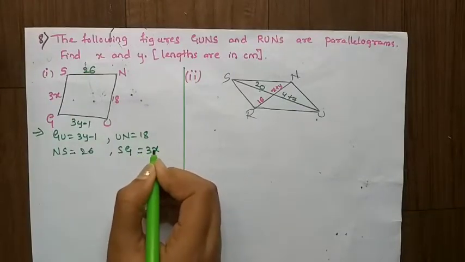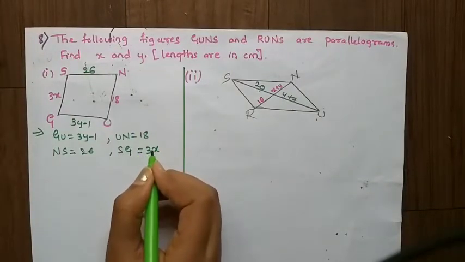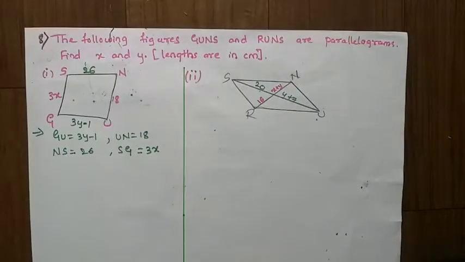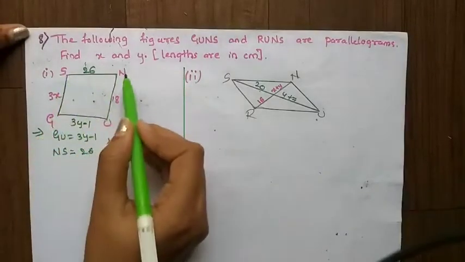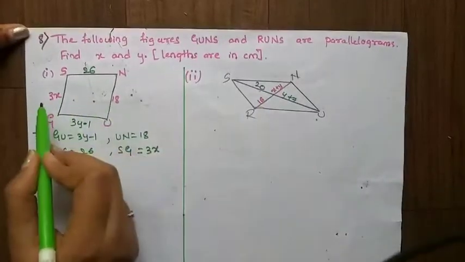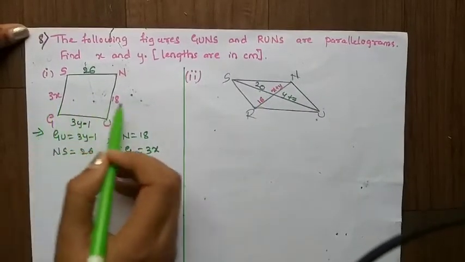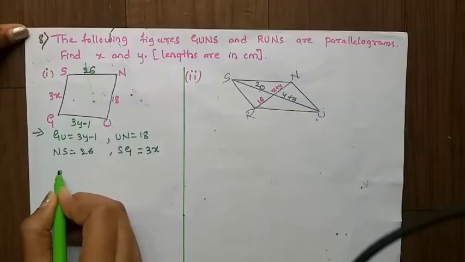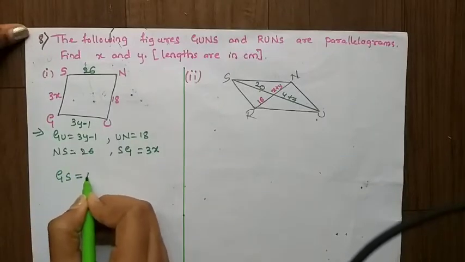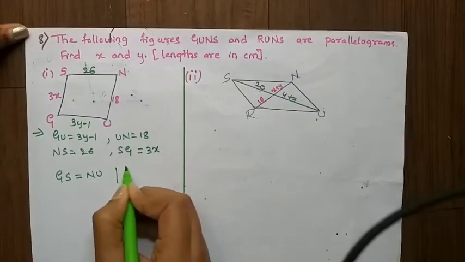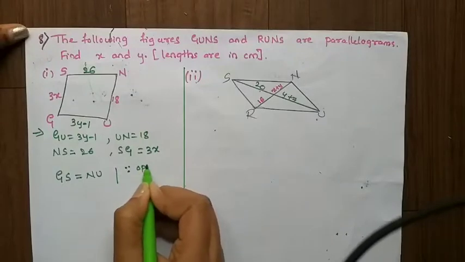They have given only side values. We have a property of the parallelogram, that opposite sides are equal. GS and NU are opposite sides, so they are equal. So I am using the property GS is equal to NU because opposite sides are equal.